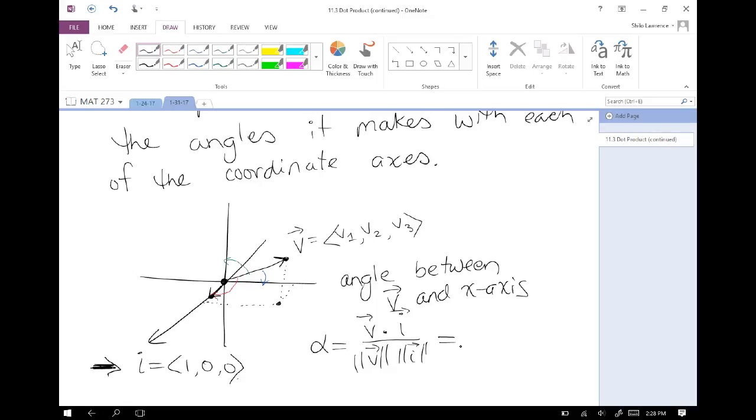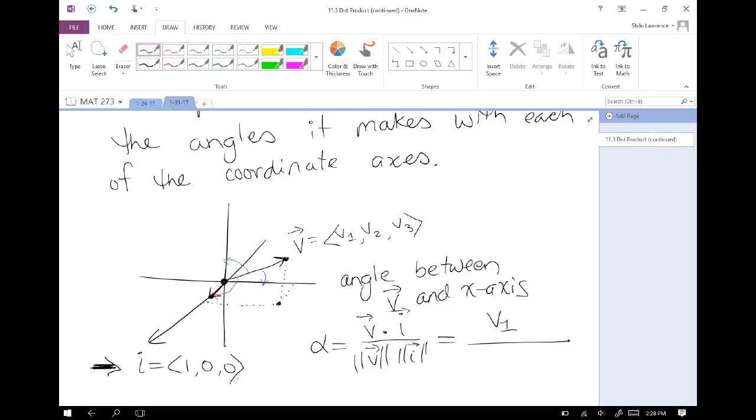It's going to be v1 plus 0 plus 0, because we're going to do v1 times 1, v2 times 0, v3 times 0, and add them all together. All we get back is v1, the first component, which is the x component. So if I want the angle with the x-axis, I just end up using the x component in my numerator.